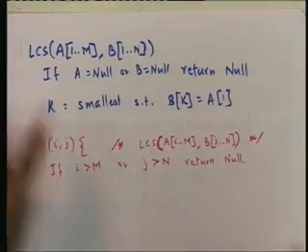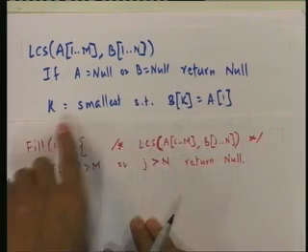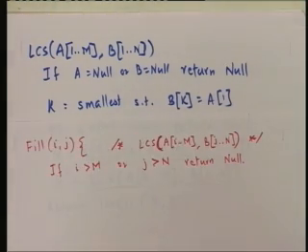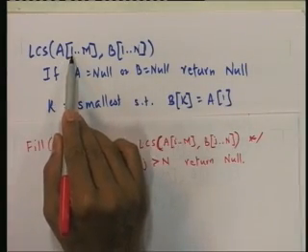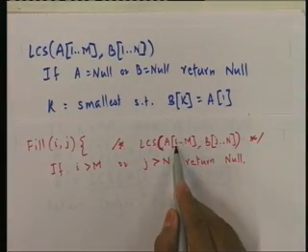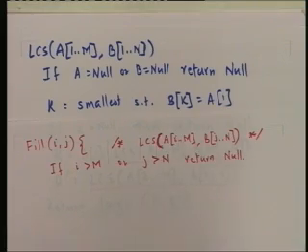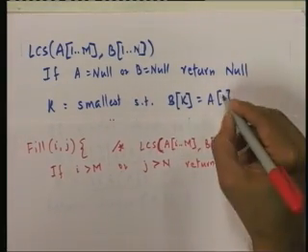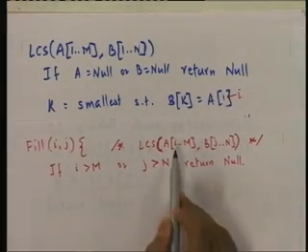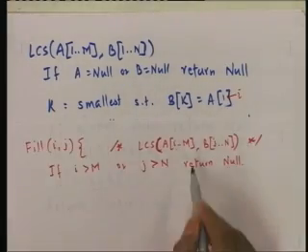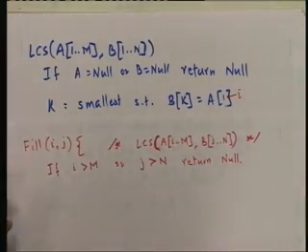And the next step is I have to find out what the smallest k is such that b_k equals a_1. Now, here the string was starting from the first index of a. Here we are starting from i. So, naturally, instead of 1 over here, I should be looking at the ith element over here, because this is nothing but the starting element of the string, and therefore, this should be the element that I look at.